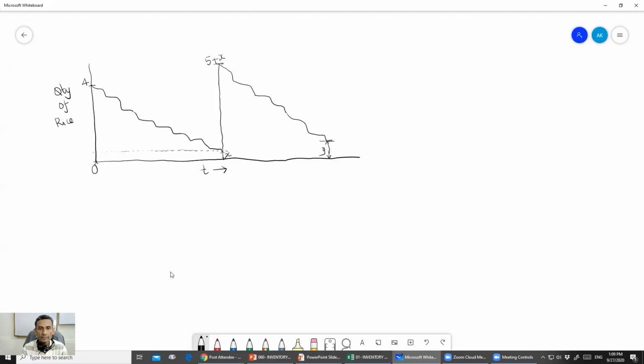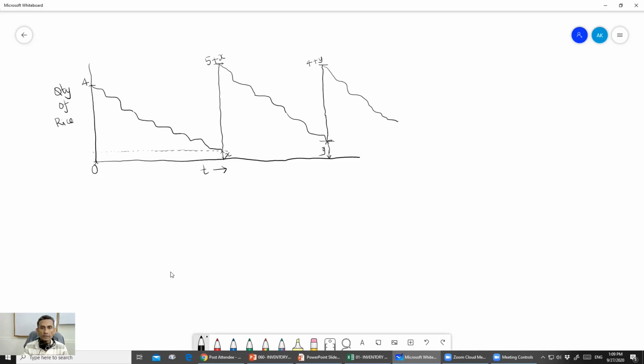And at this point of time, I decide to buy again because I may think, okay, today I'm going to the supermarket and my rice has become quite low in the kitchen, so let me buy right now itself. Let me not wait for more time. So again, this goes up. Let's imagine that at this time I buy 4 kilos. So this goes up and reaches some level, and this becomes 4 plus Y, and so on.